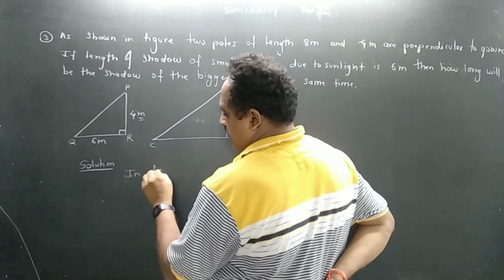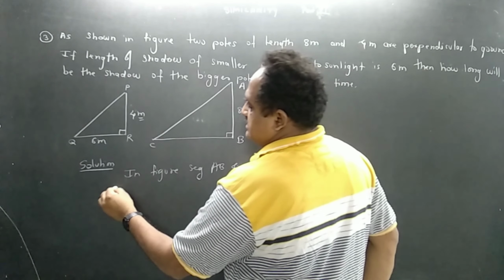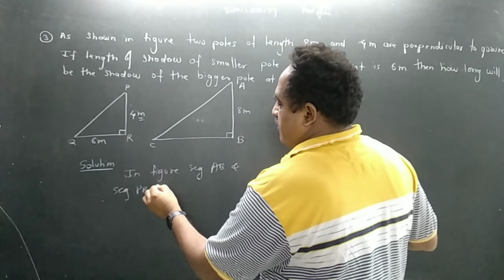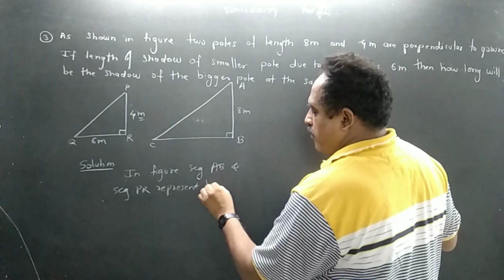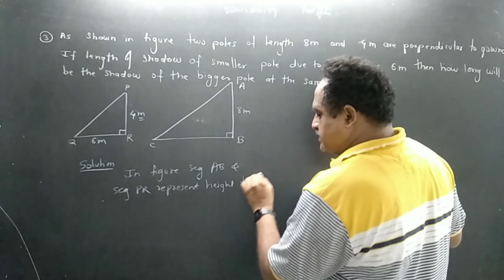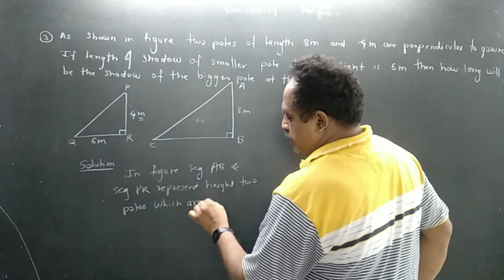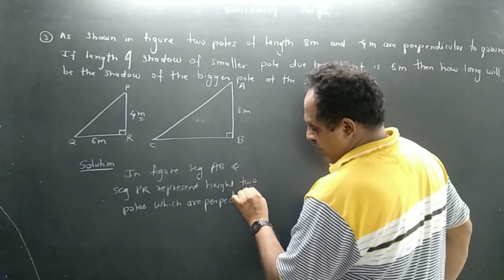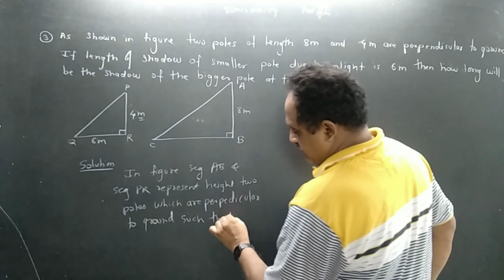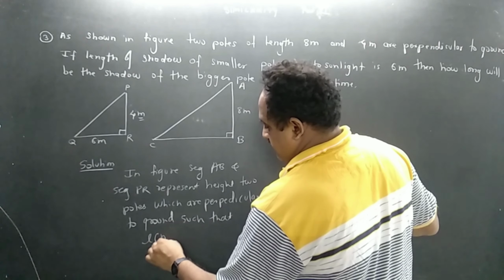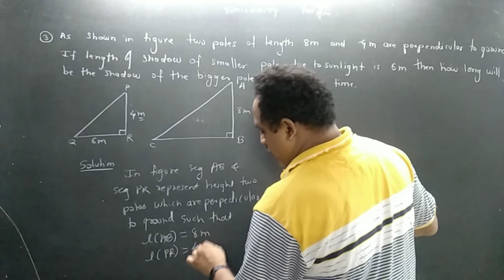In the figure, segment AB and segment PR represent the height of two poles which are perpendicular to the ground, such that length AB is equal to 8 meter and length PR is equal to 4 meters.